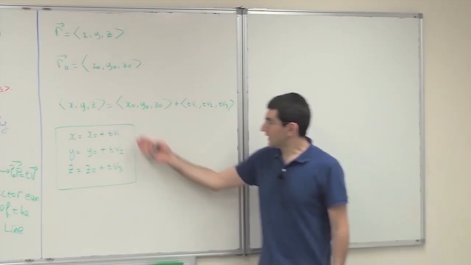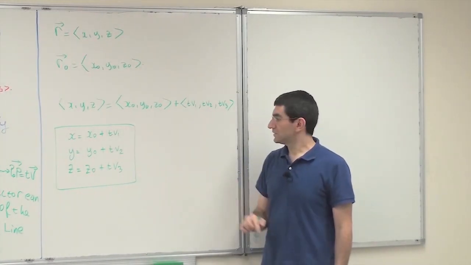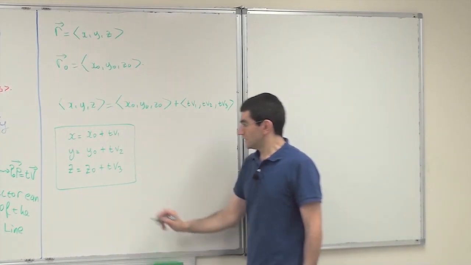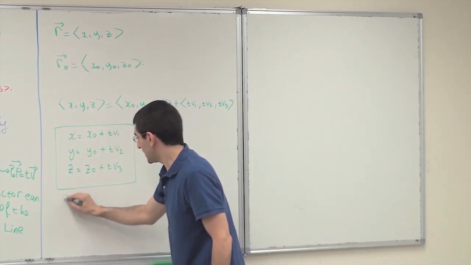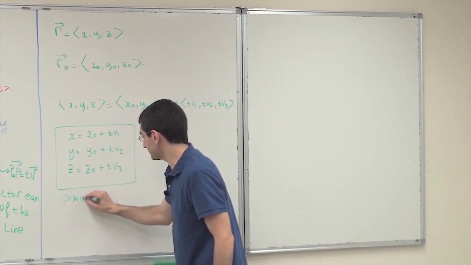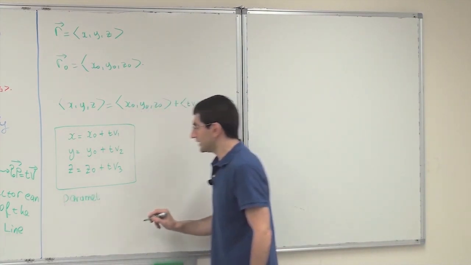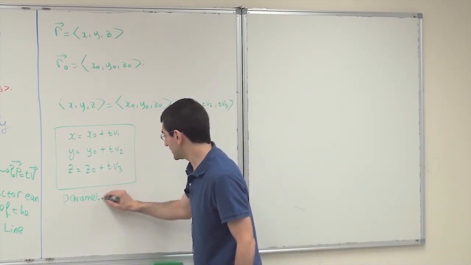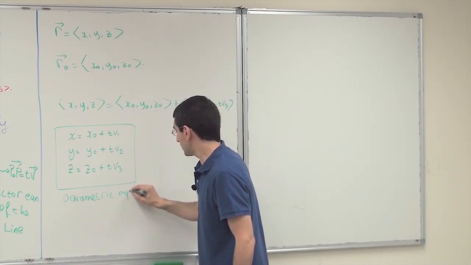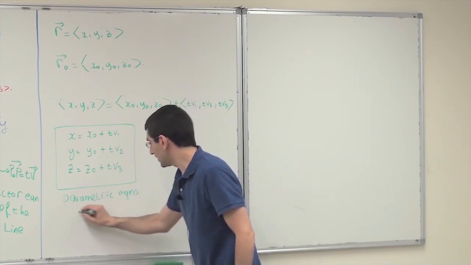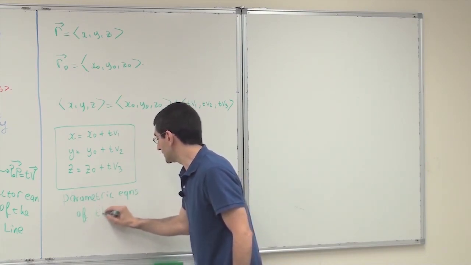Okay, so we have now a set of three equations. This way of representing a line is called parametric equations of the line.